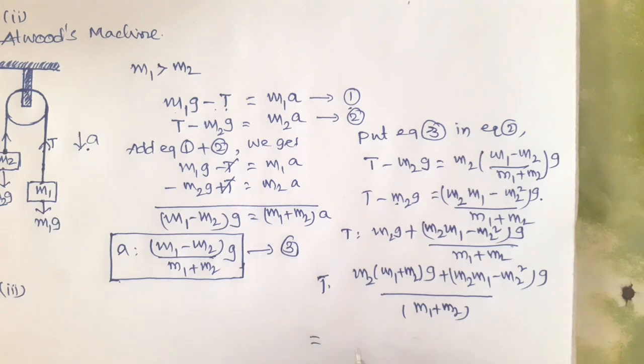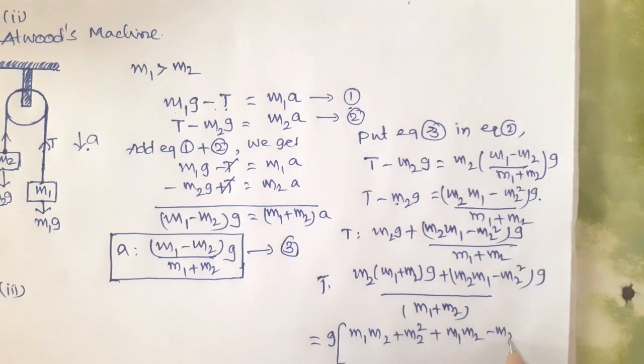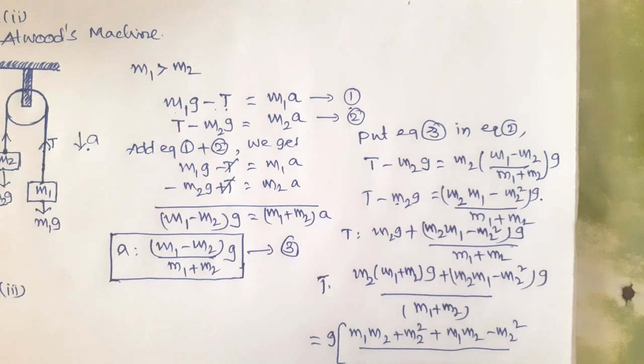This is equal to g into M1 M2 plus M2 square plus M1 M2 minus M2 square by M1 plus M2. Now these two get cancelled.